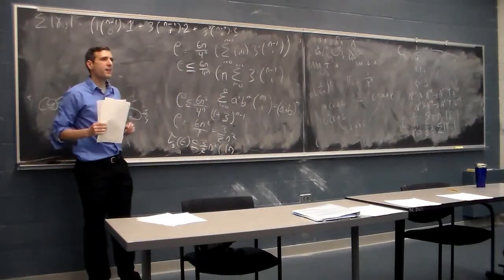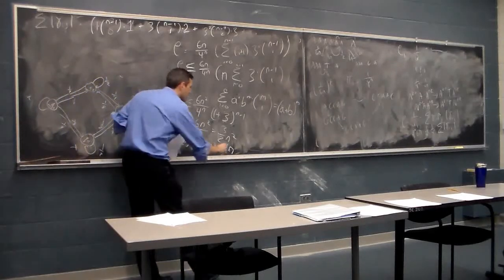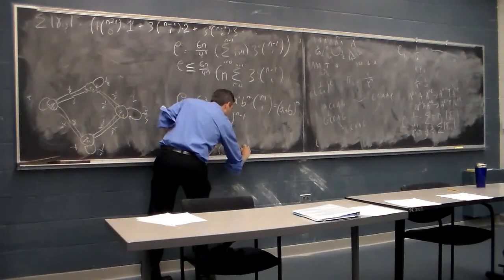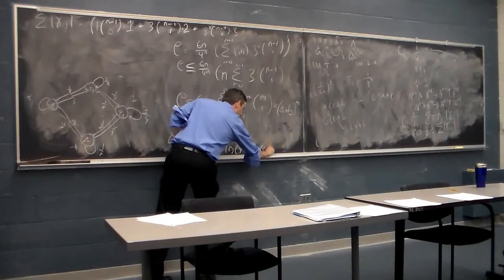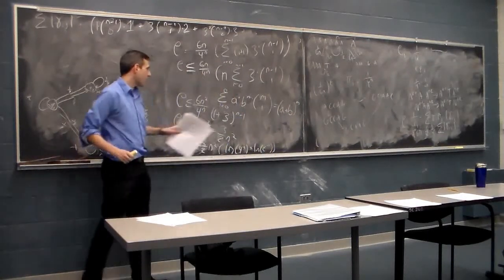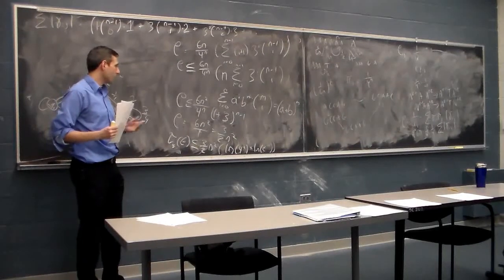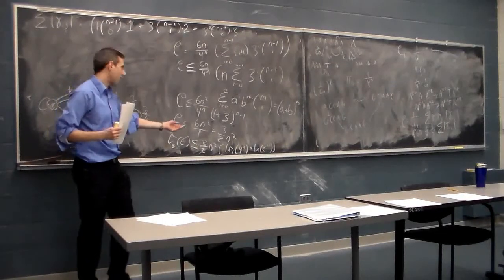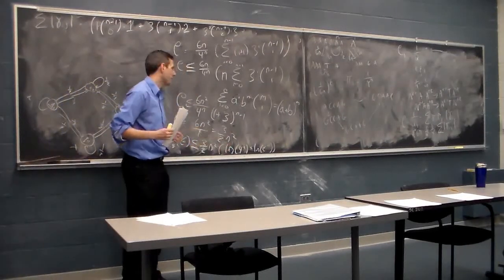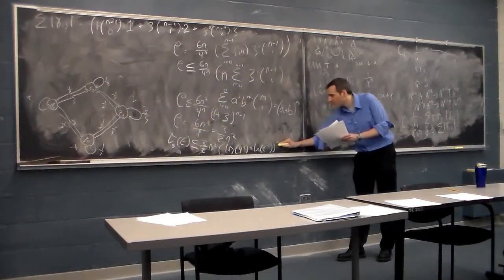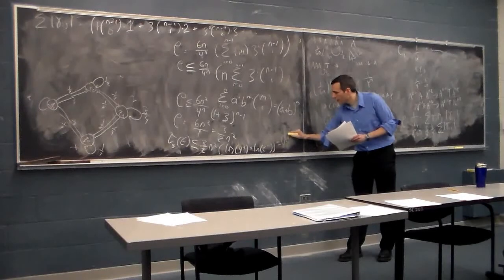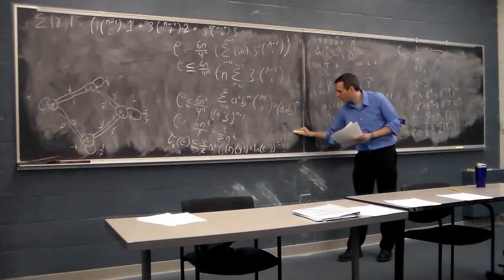So pi I is always 1 over 4 to the n, so pi I inverse is 4 to the n, plus log of epsilon inverse. And log of 4 to the n is just going to be something order of n. So the log of 4 to the n is n times the log of 4. So generally what we would do is abbreviate this and say this is order n cubed plus n squared log epsilon inverse.